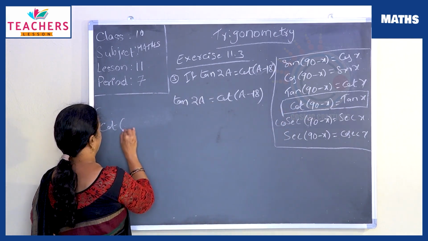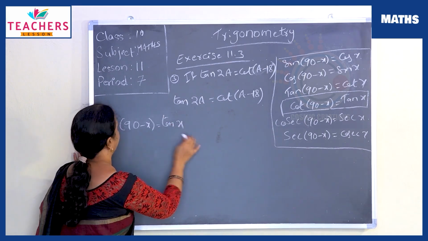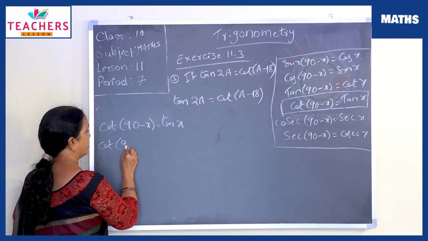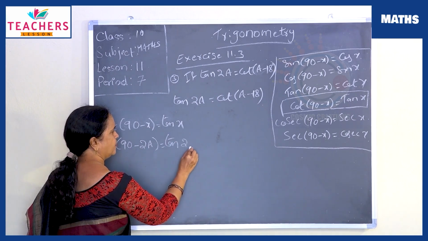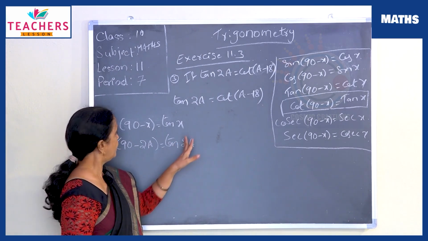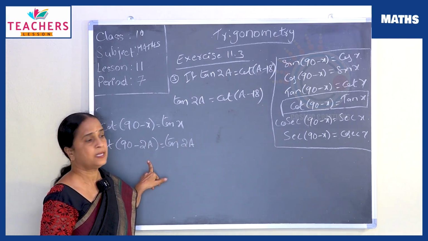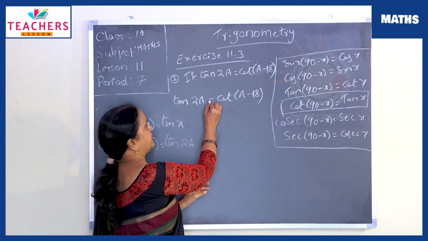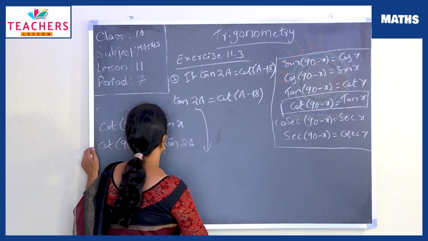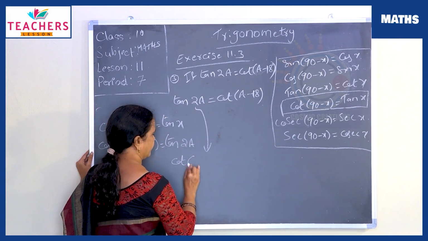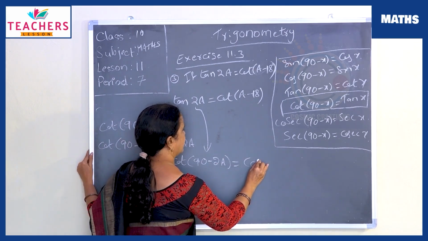So cot of 90 minus 2a equals tan 2a. Instead of tan 2a, I am writing cot of 90 minus 2a because on the right side cot is there. That's why I am changing tan as cot.